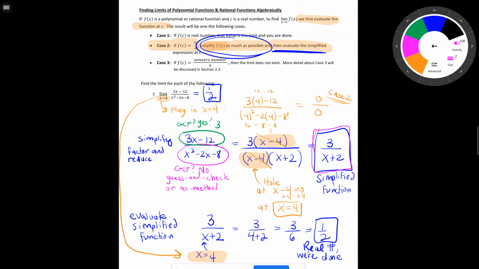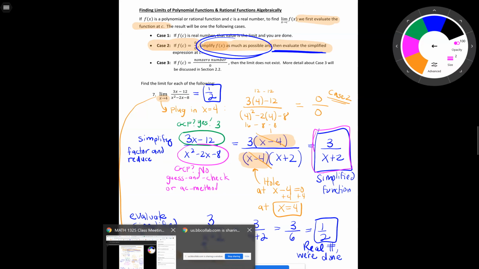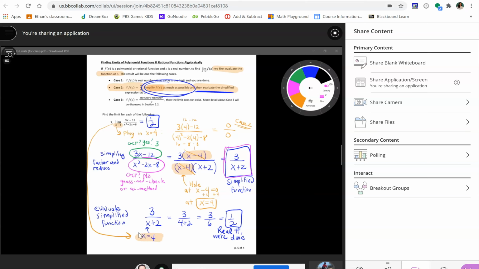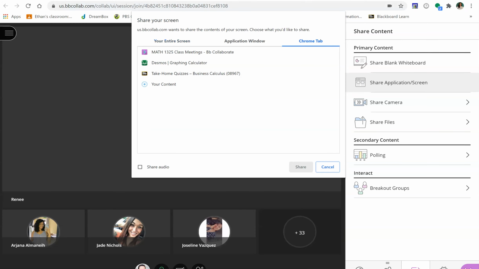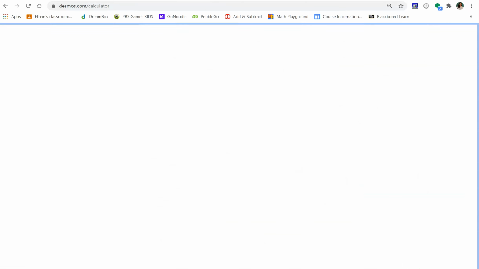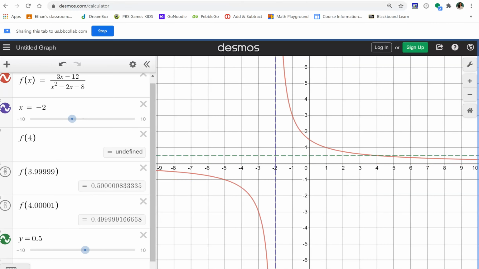I just noticed my page. Oh, go ahead. Can you go back to Desmos for a second? Oh, sure, yeah. Okay, here is Desmos. Okay, go ahead.